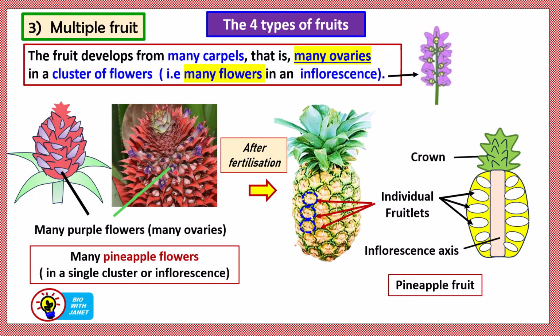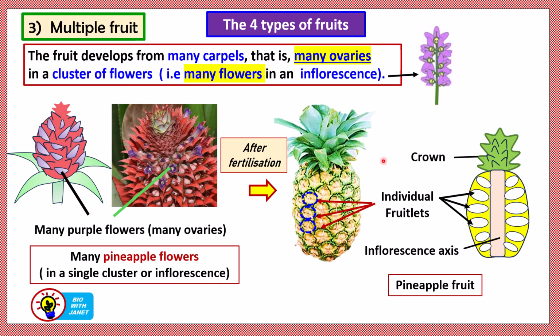So the pineapple fruit develops from many pineapple flowers in a single cluster or inflorescence, as seen here. Okay, then after fertilization, each ovary in each purple flower develops to form a fruit, which we call a fruitlet, because it's a tiny fruit. And all these tiny fruitlets are grouped together because they come from the same stalk.